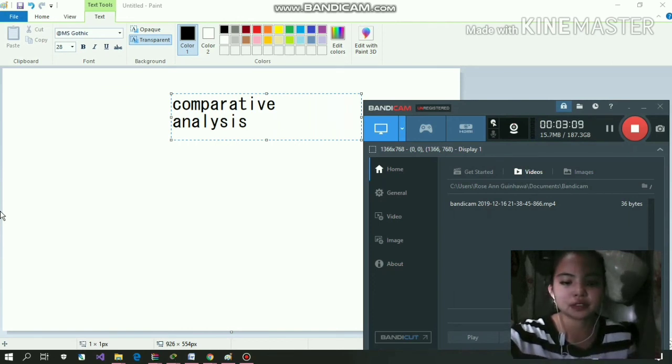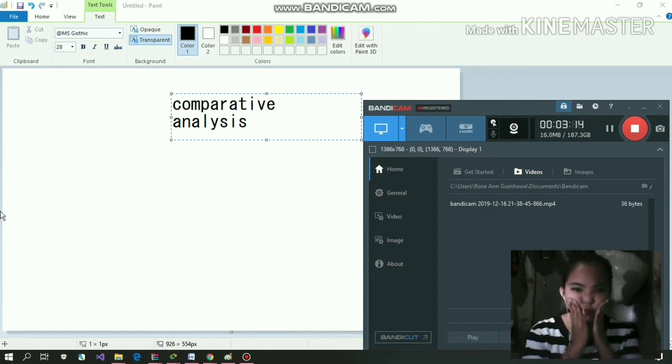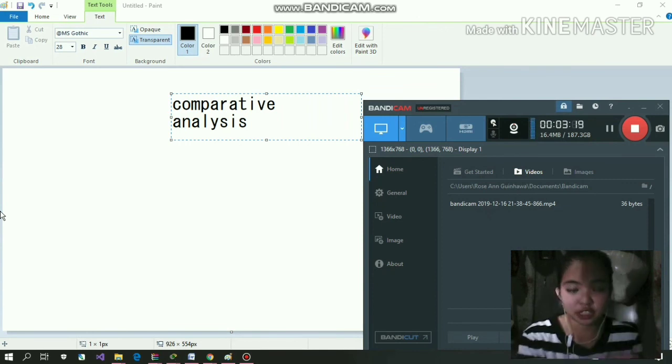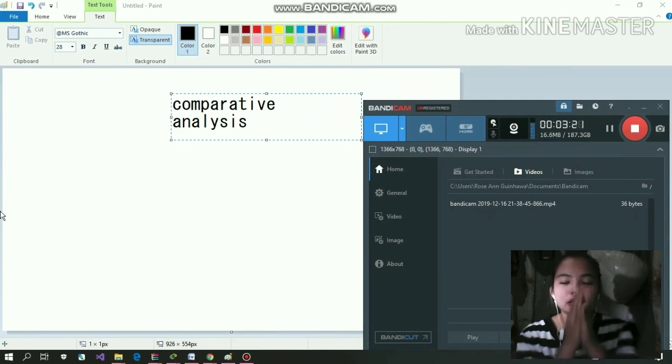So I will give to you the advantages and disadvantages of using the point-to-point topology.